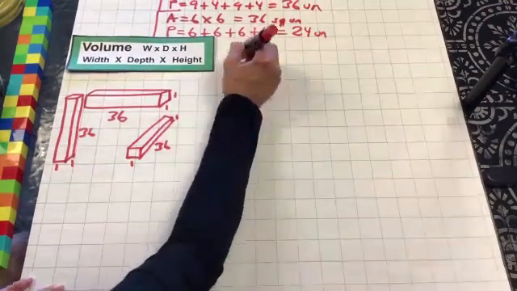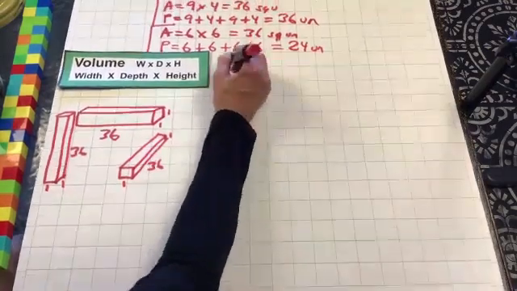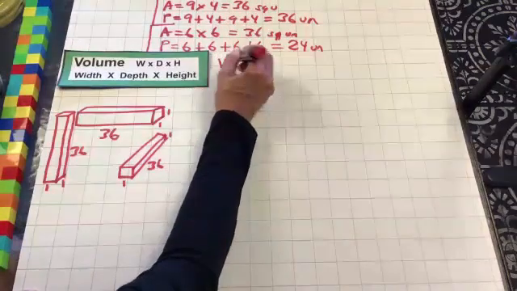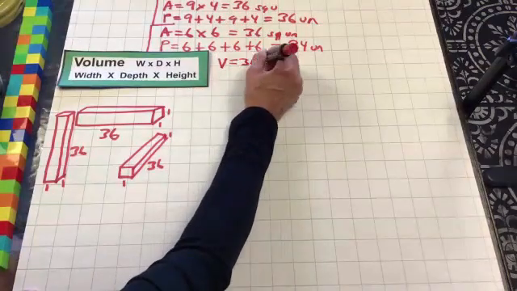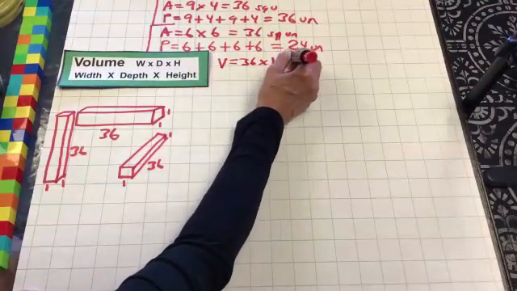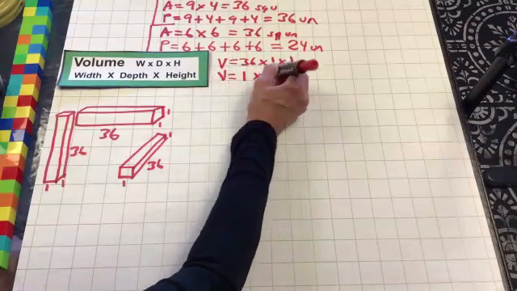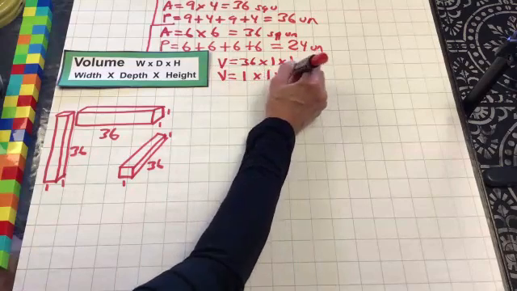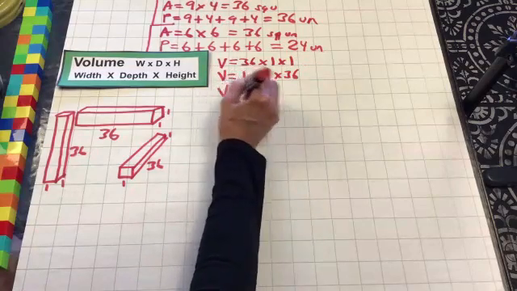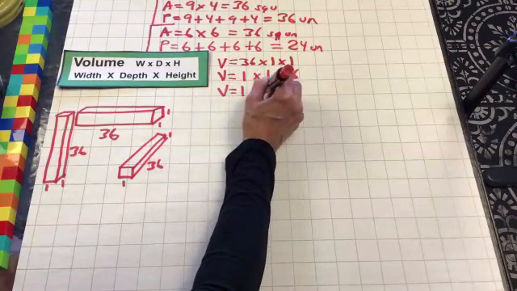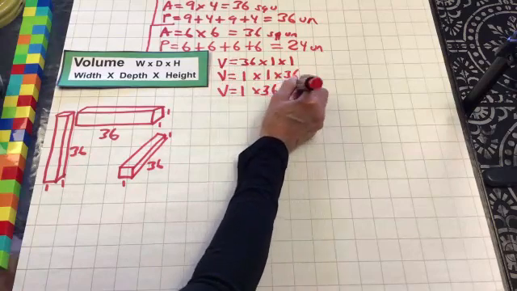All right, up here on our volumes, I'm going to start way up here. Volume equals 36 times 1 times 1. Volume equals 1 by 36 by 1.